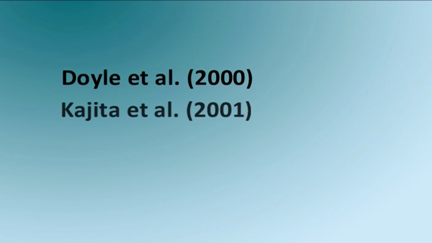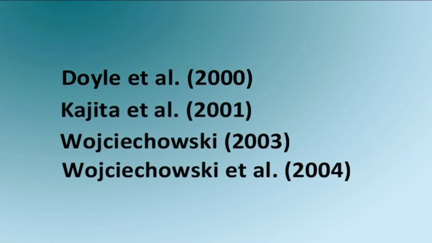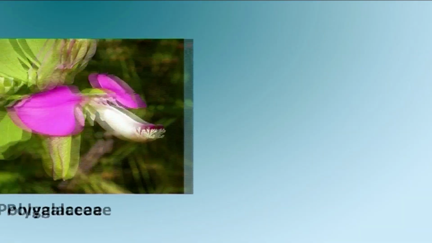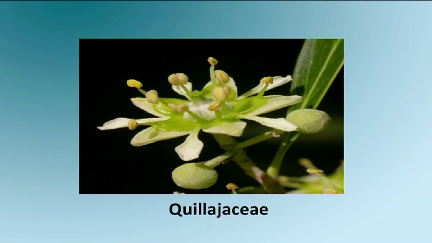Recent molecular phylogenetic studies, for example by Doyle et al., Kajita et al., Wojciechowski and Wojciechowski et al., have also exerted strong support for a monophyletic family that is more closely related to Polygalaceae, Surianaceae and Quillajaceae, which together form the order Fabales in the sense of the Angiosperm Phylogeny Group.